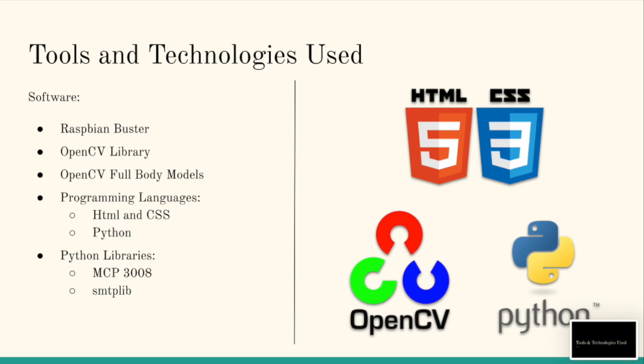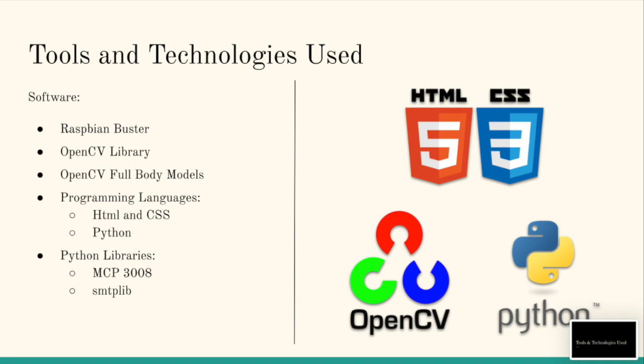For programming languages, we used Python specifically for modifying and running our code on the Raspberry Pi. But we also used HTML and CSS because the OpenCV program that we had would send a live video feed to a local web page.